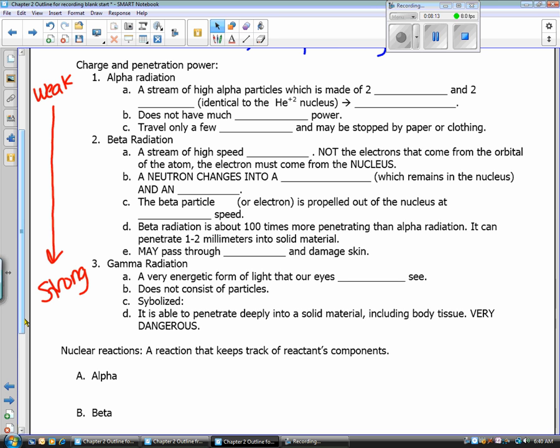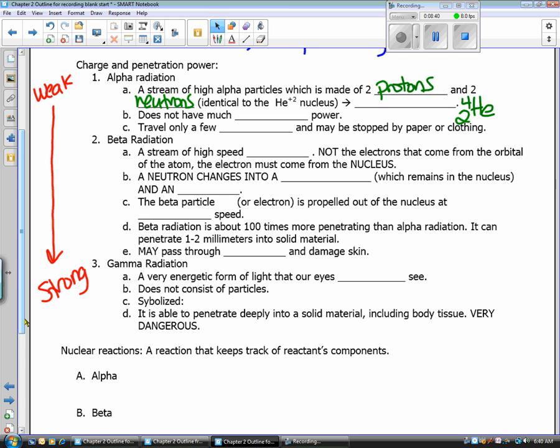Alpha radiation is a stream of high-speed alpha particles, which is made of 2 protons and 2 neutrons. So it looks just like the helium ion's nucleus. You saw that in the POGO. So you may see it written as, I'm just going to write it over here on the side because I don't think I can write it in there and be legible, 4 over 2 He.